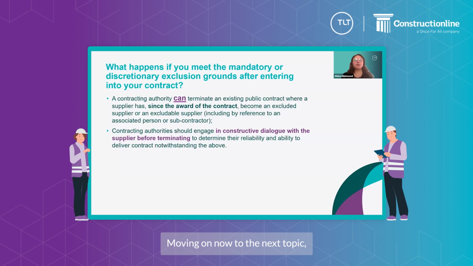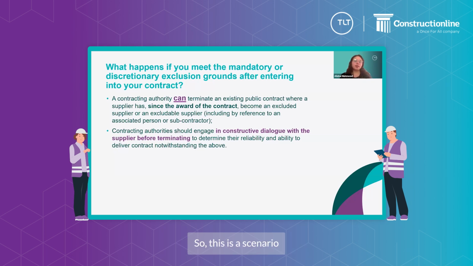Moving on now to the next topic, which is the question of what happens if you meet the mandatory or discretionary exclusion grounds after entering into your contract. As we've discussed, an authority can terminate an existing contract where a supplier has, since the award of the contract, become an excluded or excludable supplier. And that includes by reference to an associated person or subcontractor.